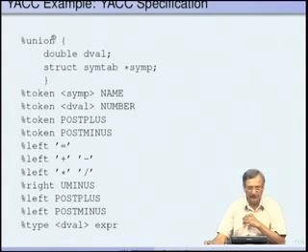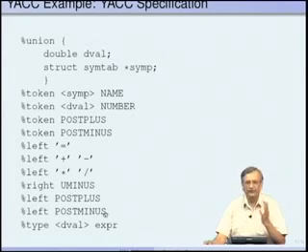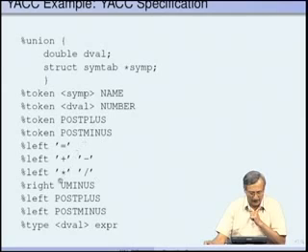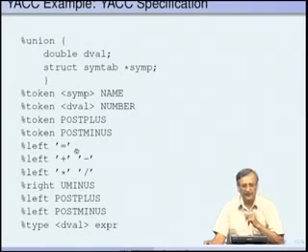We will come to this union a little later. There are tokens called name, number, post plus, post minus, and then we have equal to, plus, minus, star, slash, then unary minus, post plus, post minus, so many of them. And we have also talked about the left associativity and right associativity of some of these operators.